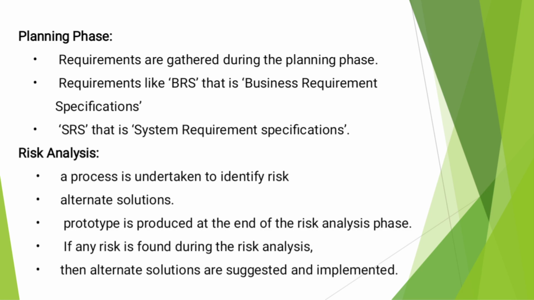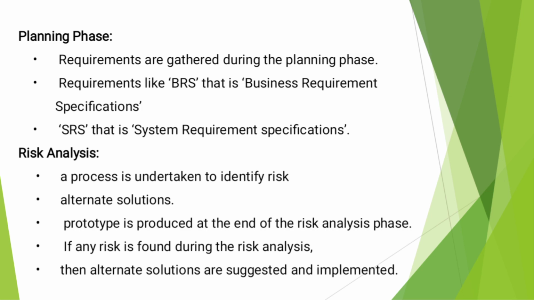Next one is the planning phase. Requirements are gathered during the planning phase. That is like BRS, the business requirement specification, and another one is SRS, the system requirement specification. That is, requirements are of two kinds: business requirement and system requirement.